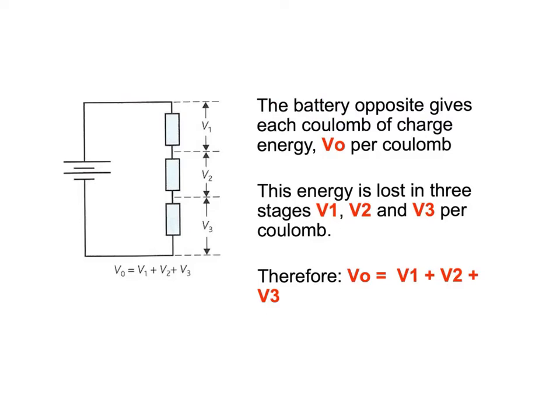This energy is lost in 3 stages, V1, V2 and V3. Therefore, the total potential difference across the circuit, V0, is equal to V1 plus V2 plus V3.